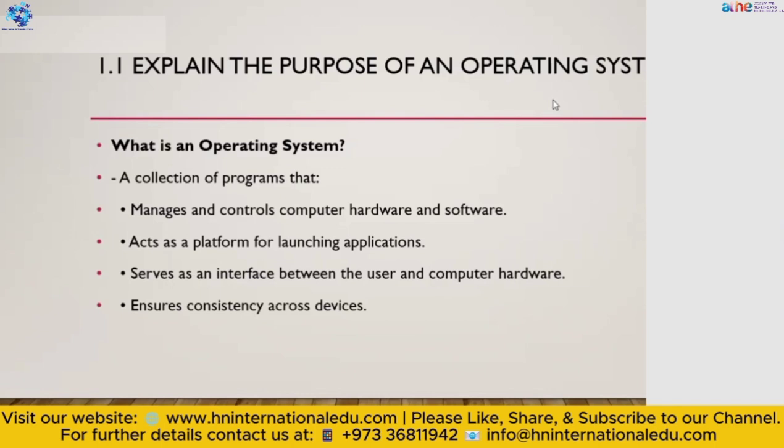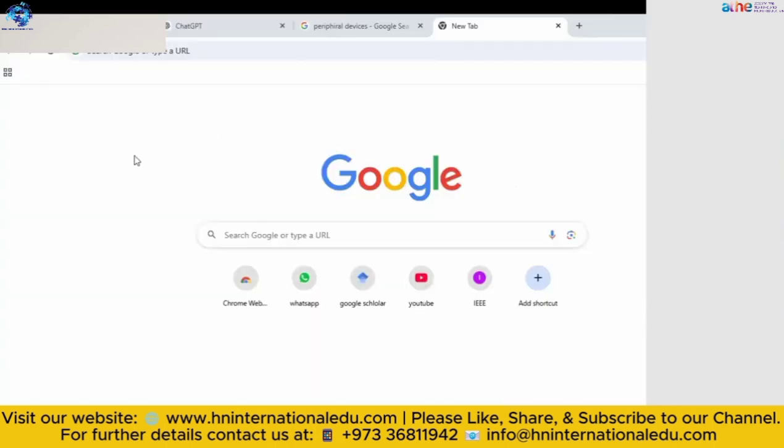If we don't have interface icons, we are not able to use the computer. If you want to open Google Chrome, you have an icon there. These are the icons we have using the operating system. If I want to use Google Chrome, I can use the icon. If I want to use WhatsApp, I have an icon here.